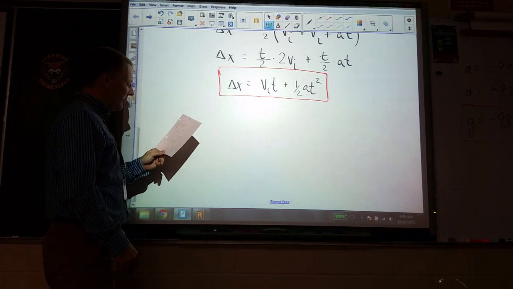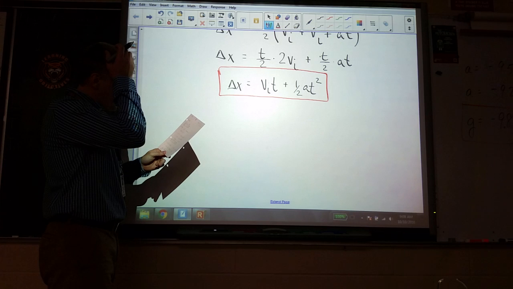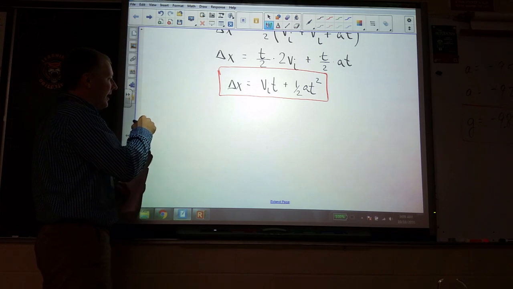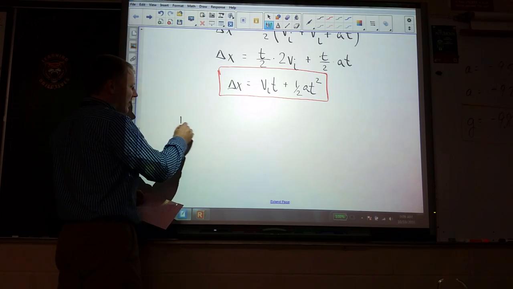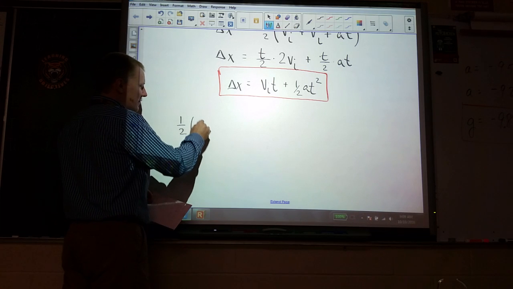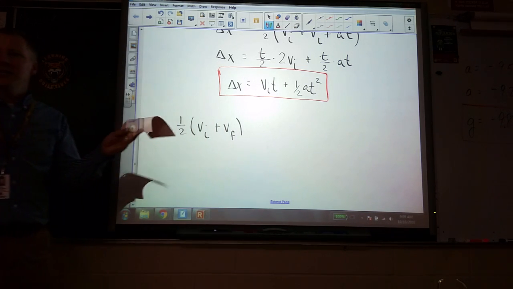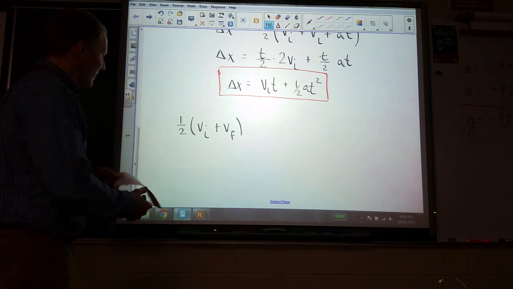Our next one is going back a couple steps. We're going to use that definition of average velocity, which was 1/2 times the sum of the two. I don't even memorize them. I always go off my cheat sheet. I did it once upon a time, but I don't need them all.